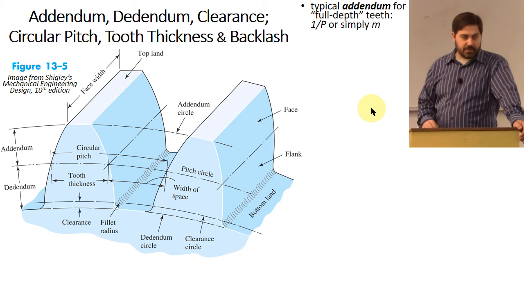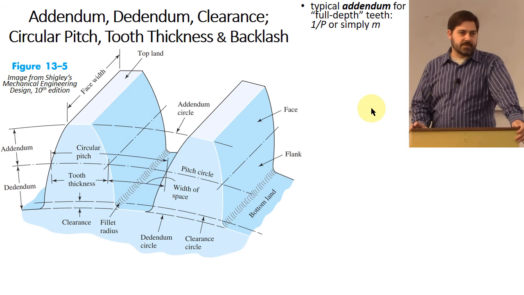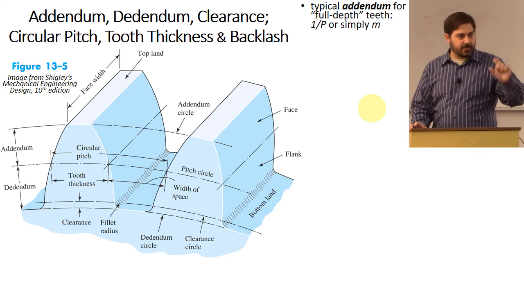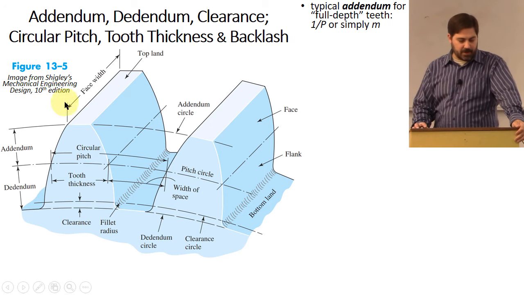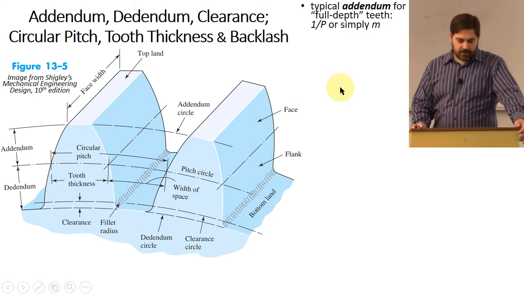Now, there are some other standards that might be out there for these teeth, but if you have things that are called full depth teeth, this is how they are set up to be. The size of that addendum circle is based on the addendum being added on to the pitch circle. Does that make sense? Okay.